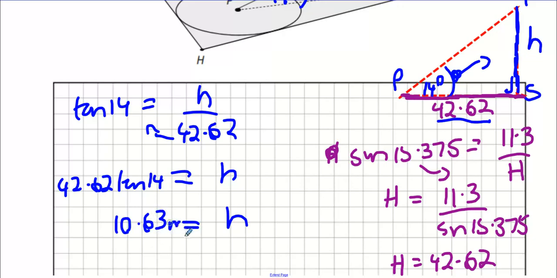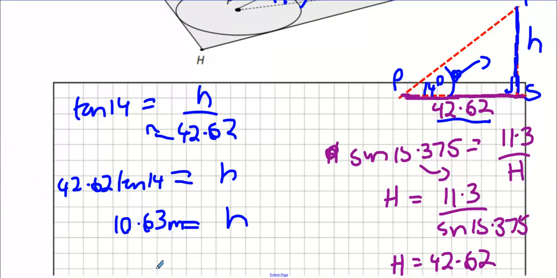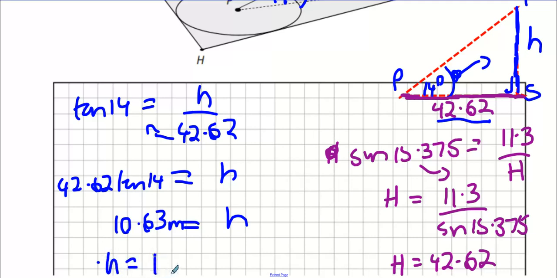Reread the question. Does it want it correct to one decimal place? And H is 10.6. Check your answer. Oh, sorry, I read that wrong. Oh, 10.63, so H is 10.6.